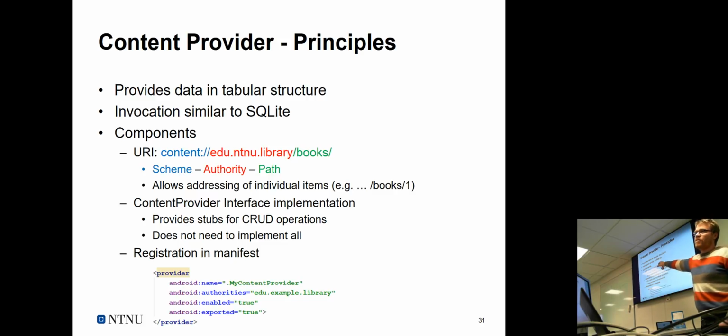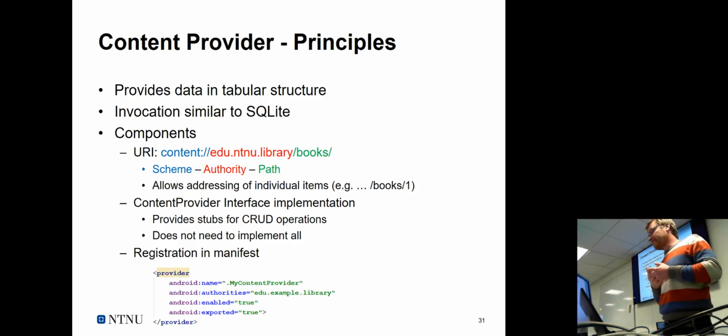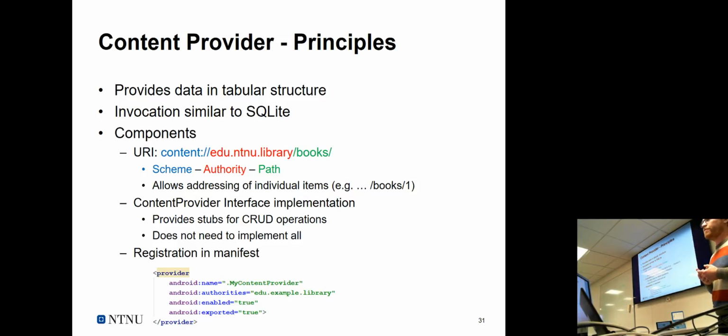The scheme content indicates the content provider, basically an Android internal protocol that refers to an application component of content provider. Then the authority, which is effectively your application, right? So the path you choose for your application, like a package name in the widest sense in Java, right? And a particular path if you want to differentiate for different kinds of data sources.